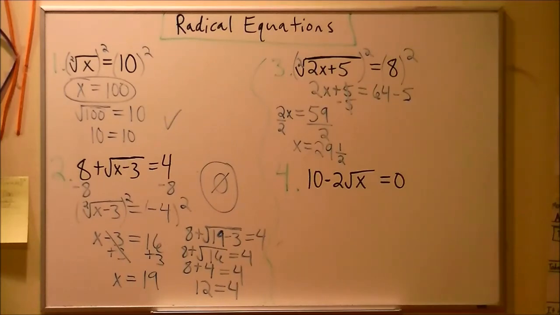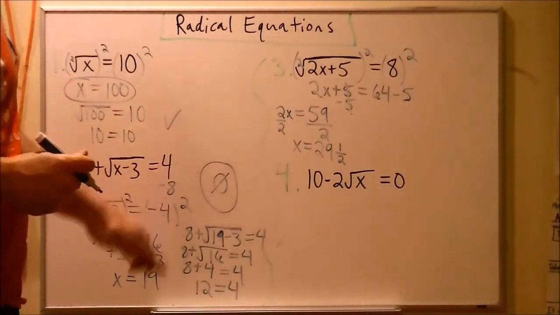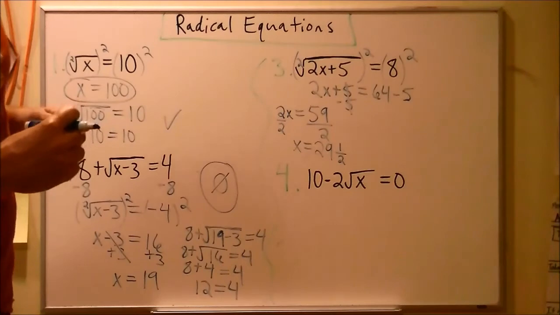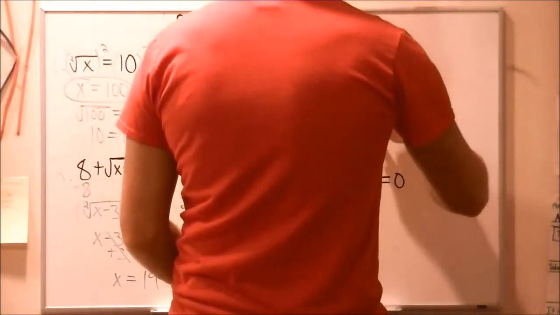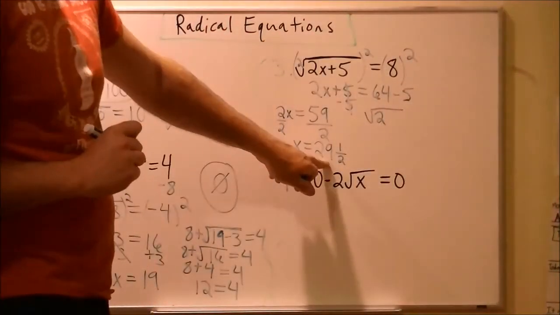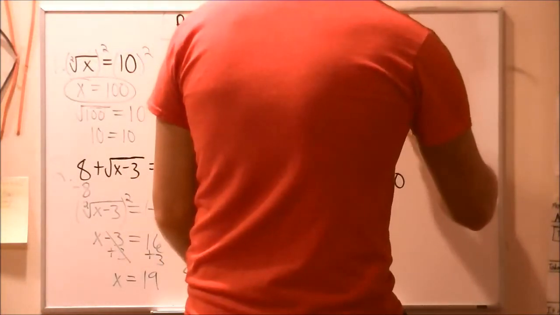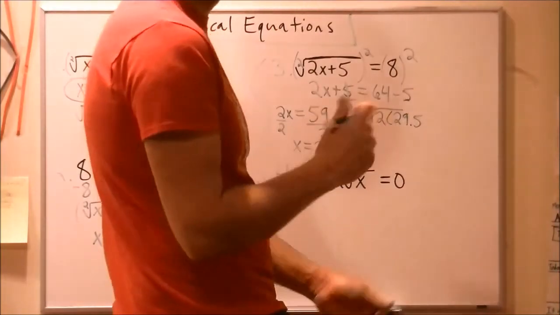Now what I need to do is go back and test it, because we've already found out sometimes it works and sometimes it doesn't. The only way you know is whenever you test it. So we go back to the original equation, which is the square root of 2 times x, which we found to be 29.5. And instead of 29 1/2, are you comfortable if I put 29.5?